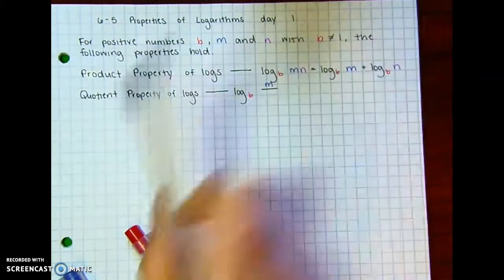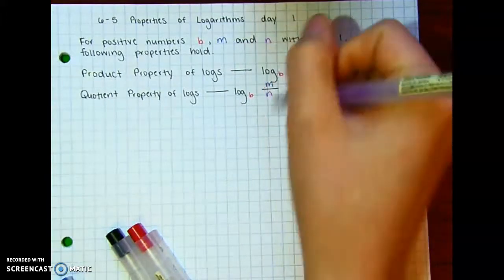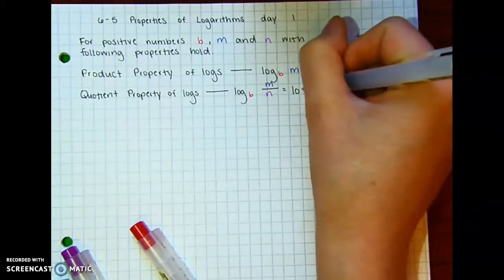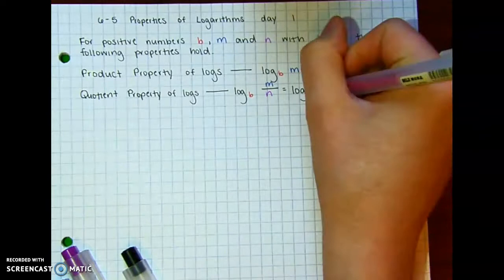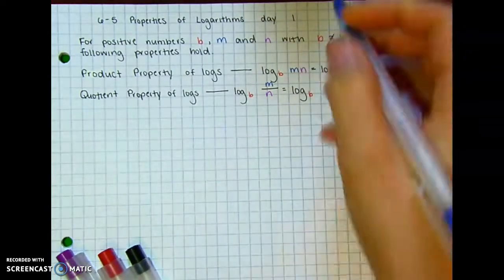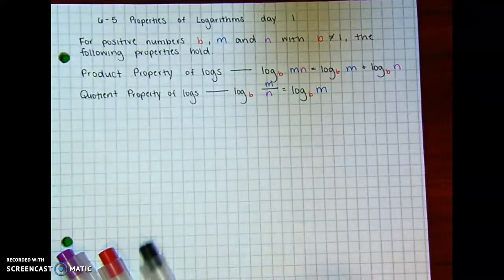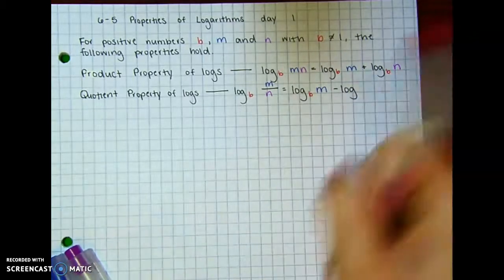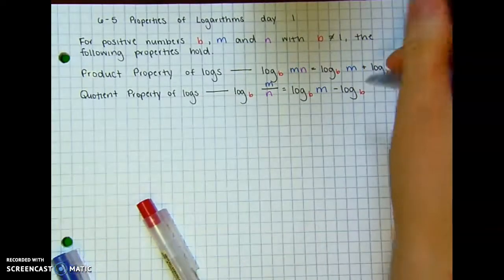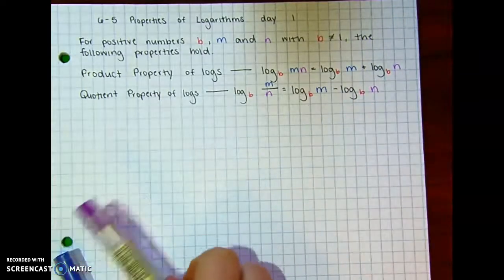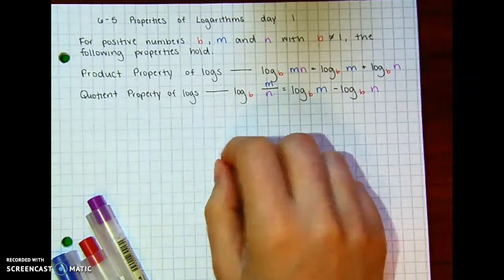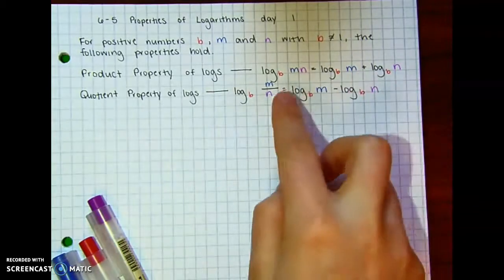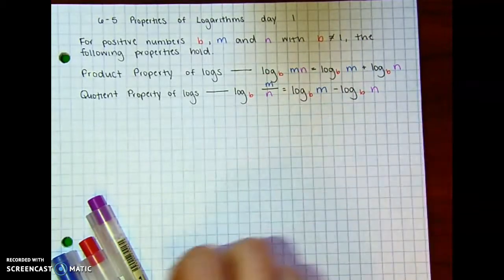I'm going to write it as a fraction, m divided by n, equals log base b of m minus log base b of n. And again, these both have the same base. And it kind of corresponds to exponents. When we have two exponentials being multiplied together, we add the exponents, and when we're dividing, we subtract. So you kind of see the similar pattern here.